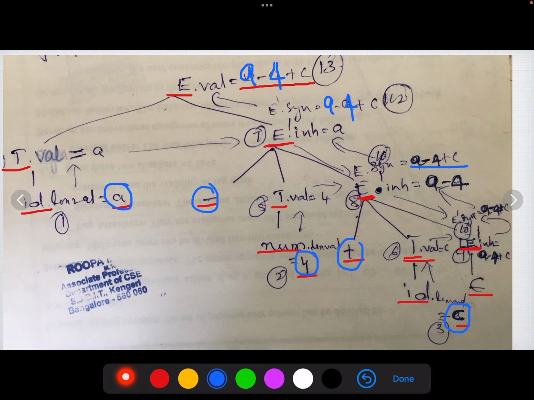Okay, a minus 4. After this, let us annotate the tree.